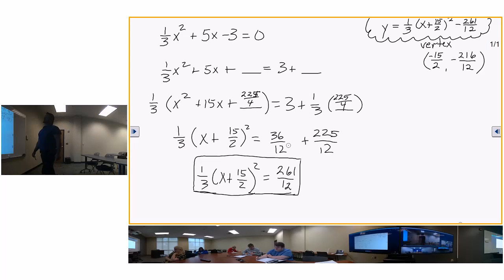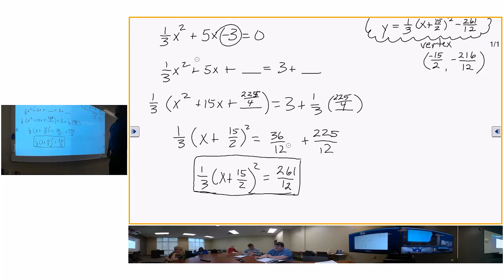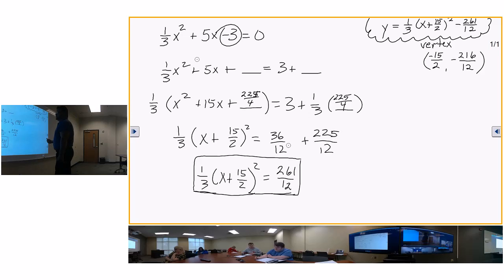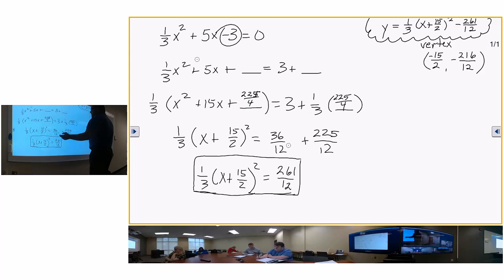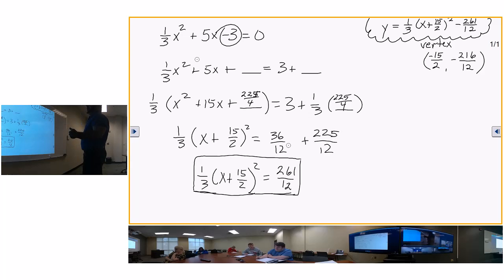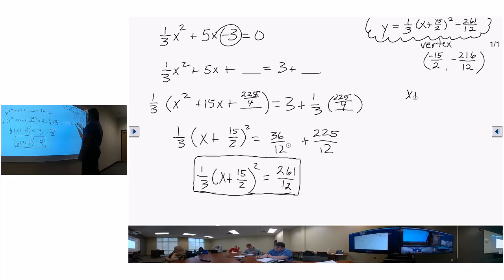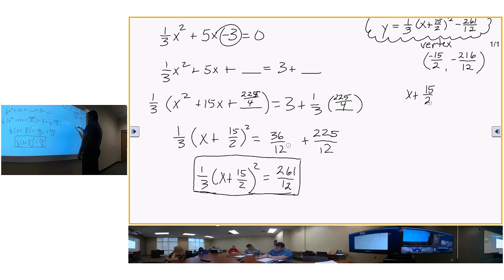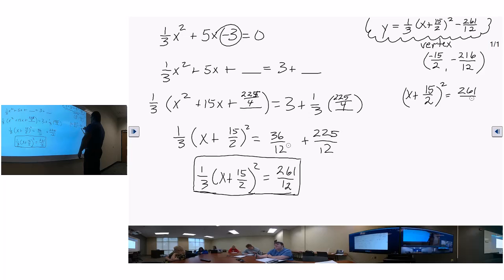And of course, the y-intercept is what? 0, -3. And then let's solve it. So when you divide by 1/3, you multiply by 3 over 1, right? So that turns that into 261 over 4. Somebody help me out. So x plus 15 halves quantity squared is equal to 261 over 4.